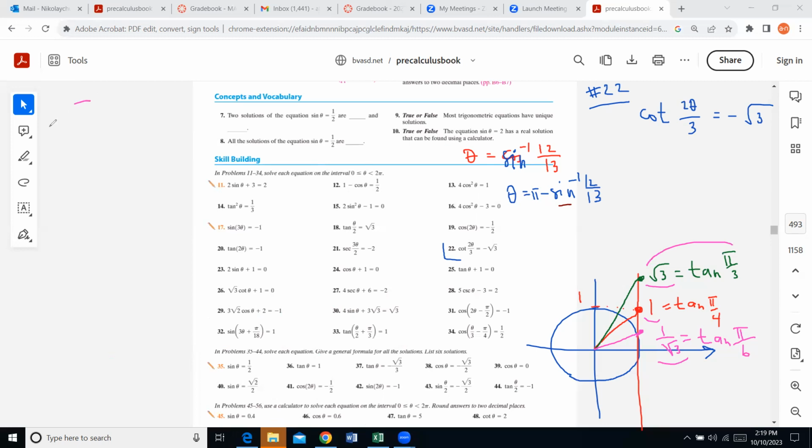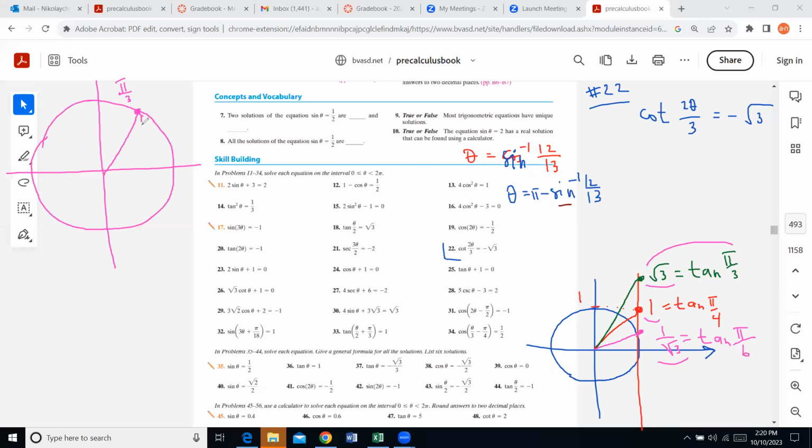If I get a big circle, and the angle is pi over 3, so that's a 60 degrees angle.